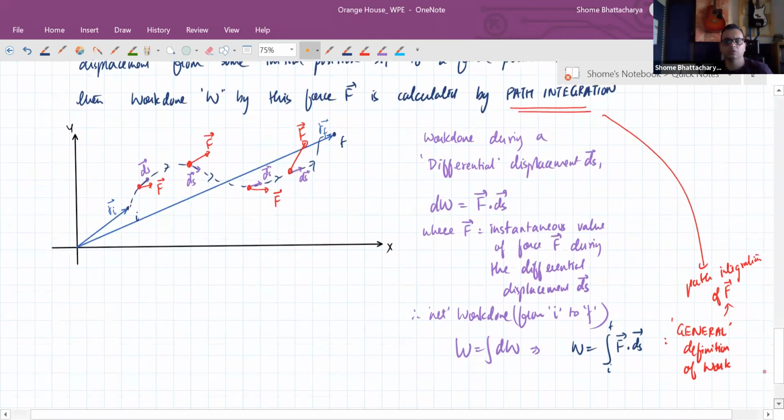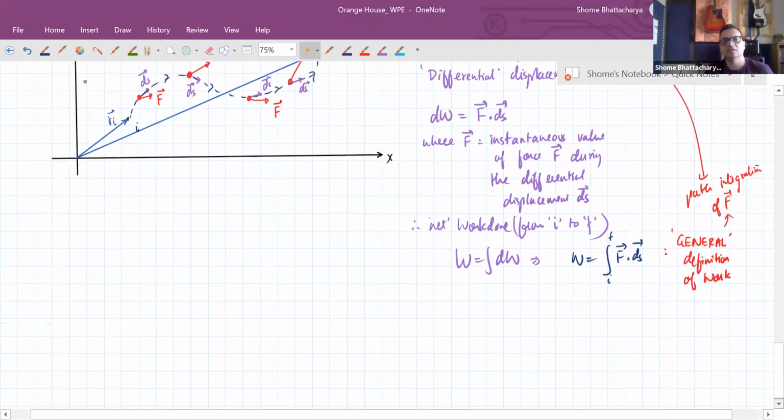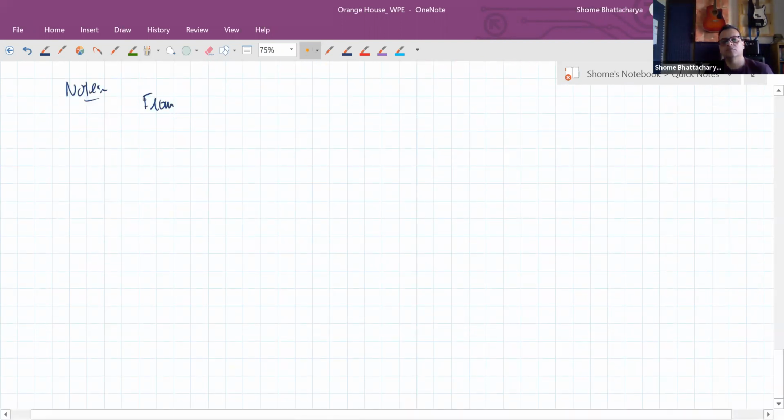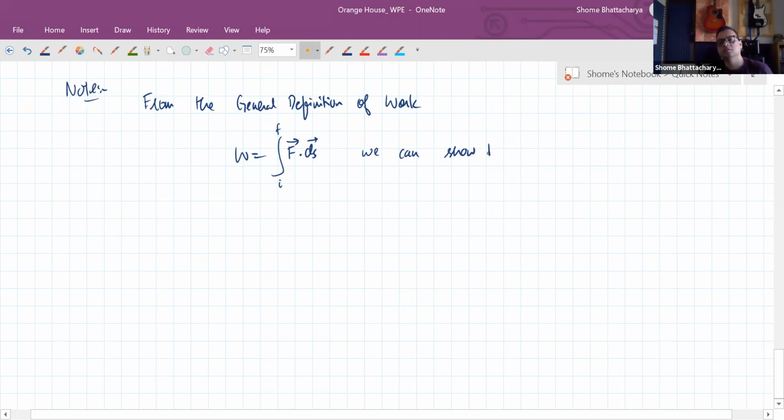Okay, so hope you've written this down. So one thing we can understand from the general definition itself of work, that is work is equal to integration F dot ds, initial to final, we can show that for a constant force, integration F dot ds becomes F dot integration ds, because the force is constant, so it can be brought outside the integration.